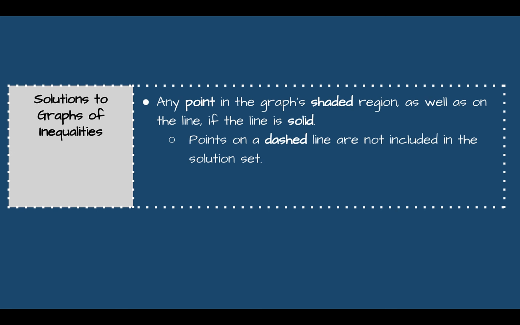Okay, so shaded region, solid line. That's similar to like it would fall in the arrow or in a closed circle. If the point is on a dashed line, however, it is not included. This is similar to the open circle of our number line graphing where we don't include the answers that are on the open circle.